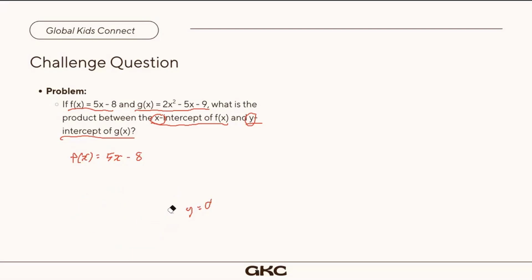So for the function f of x, we'll set the y value as 0. And so 0 will equal 5x minus 8. So we can move this around. 5x will equal just 8, and then x will equal 8 over 5.